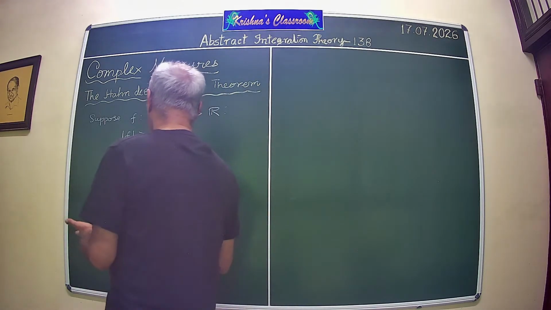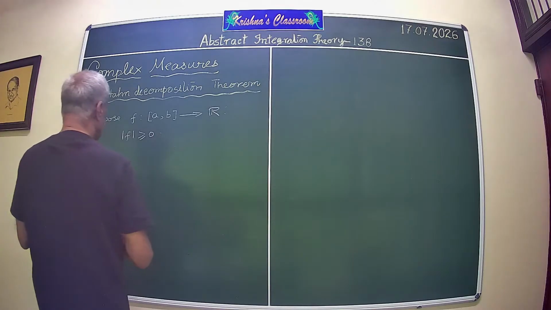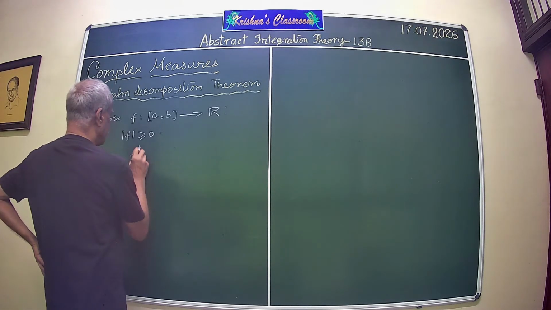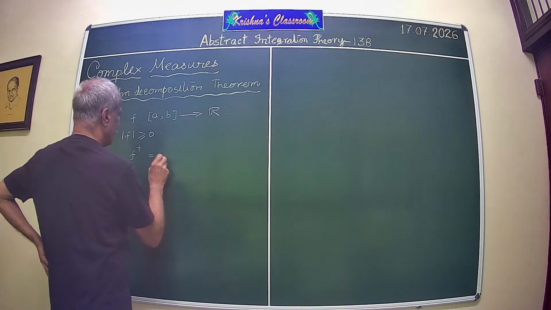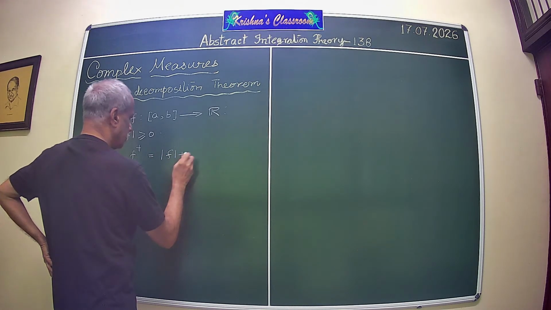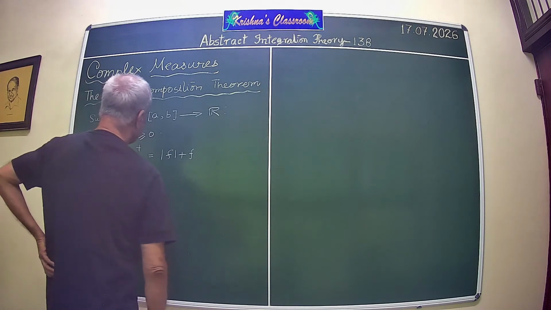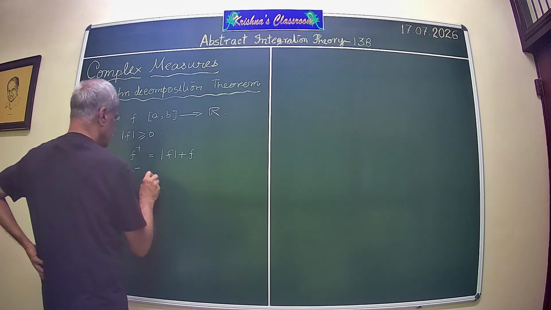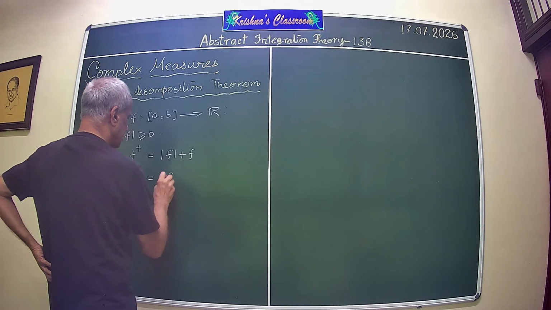Now this is the result. You look at this function, you define f plus as half of mod f plus f, and f minus as half of mod f minus f.